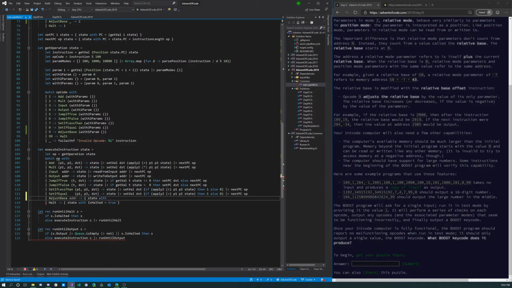State with relative base is equal to state.relative base plus, what does it do, sorry? It adjusts it by. Okay, so it's plus the get val of the address in state.